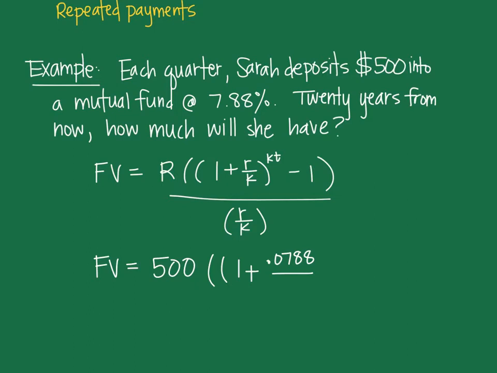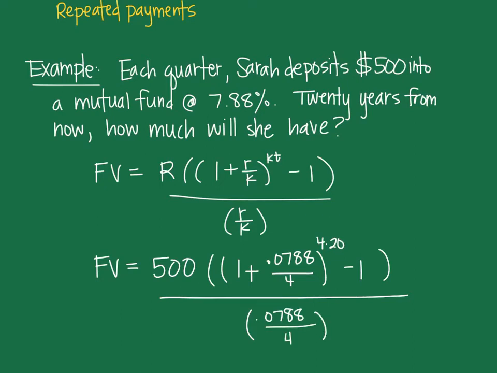It's every quarter, and a quarter is 1/4 of something, and so this is 4 to the 4 again, and then times 20, because that's how much in the future we want to look. Minus 1. That whole thing is over the r again, which is 0.0788 over 4.